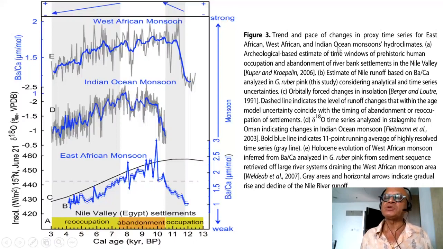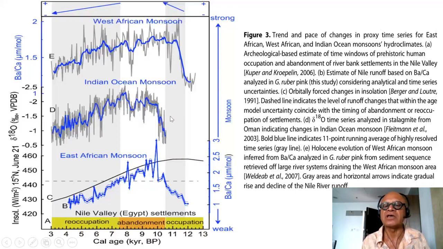So trend and pace of changes in proxy time series for East African, West African, and Indian Ocean monsoon hydroclimates. Archaeological based estimate of time windows of prehistoric human occupation and abandonment of riverbank settlements in the Nile Valley. In B, we are looking at estimated Nile River runoff, which we already mentioned, considering analytical and time series uncertainties.